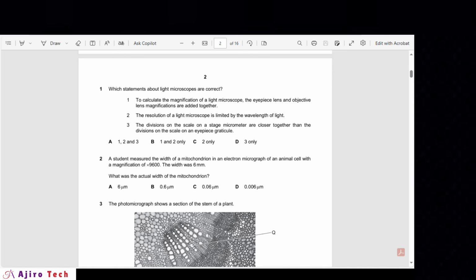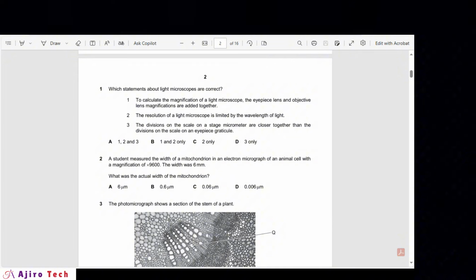We all know that the light microscope has a low resolution because of the relatively higher wavelength of light when compared to an electron microscope, which uses electrons with a relatively lower wavelength.